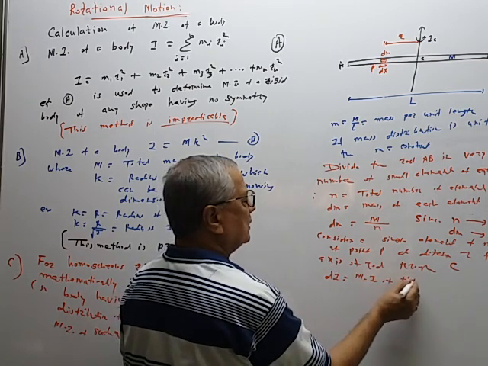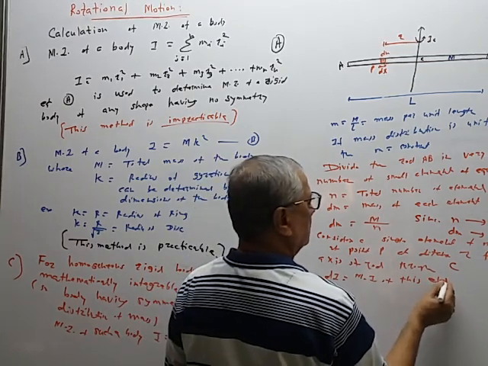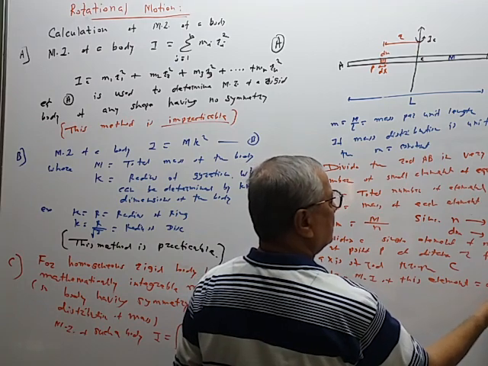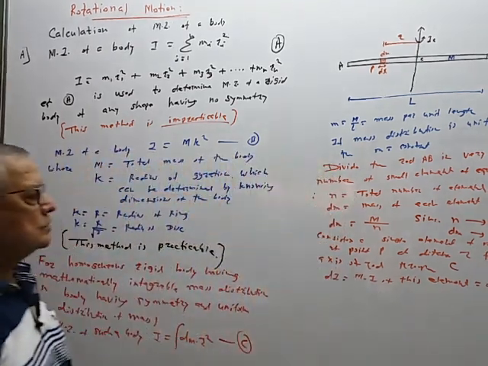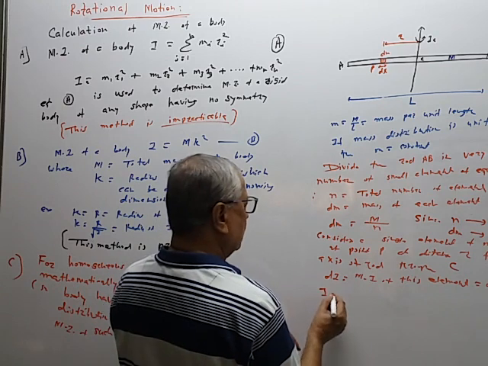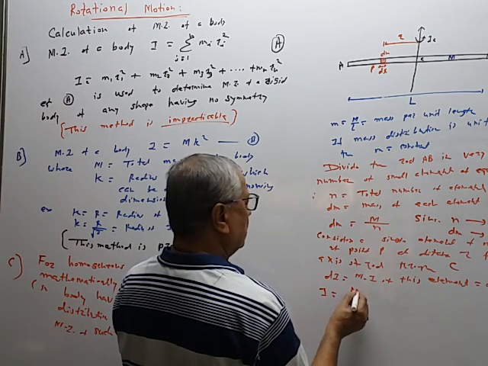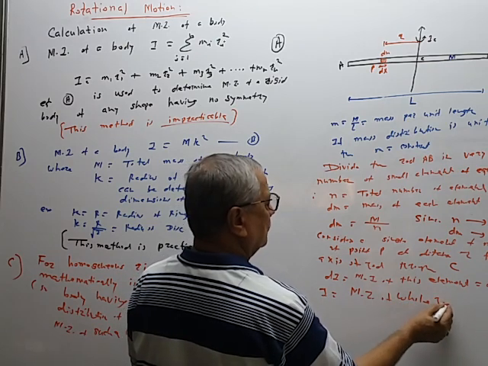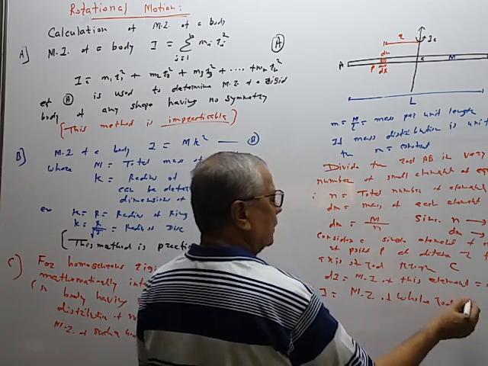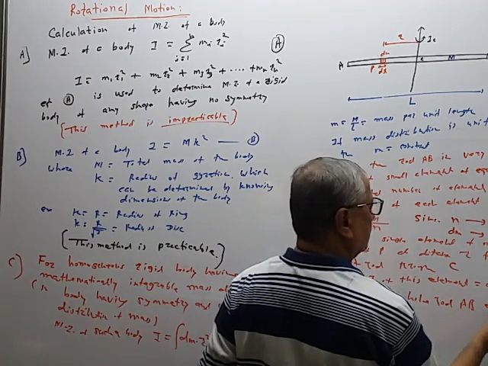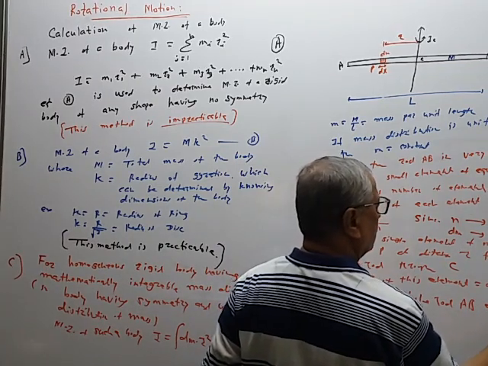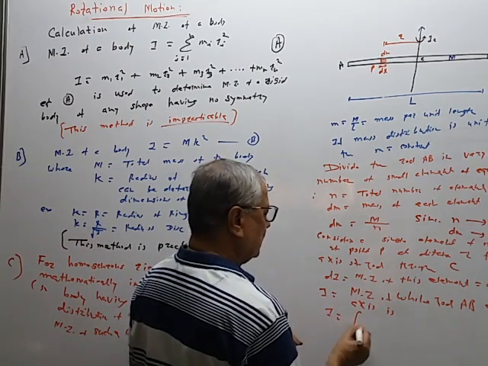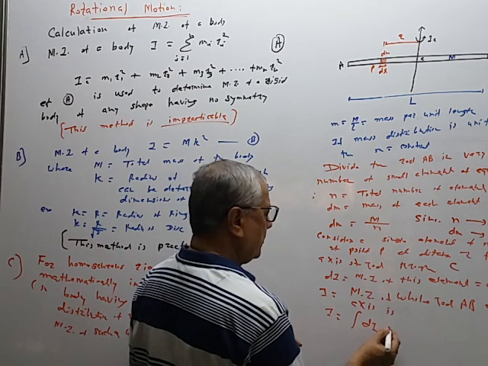Therefore dI, the moment of inertia of this element, is equal to, moment of inertia is given by mass multiplied by square of distance. So I is equal to moment of inertia of whole rod AB about the central axis is I is equal to integration of dI.